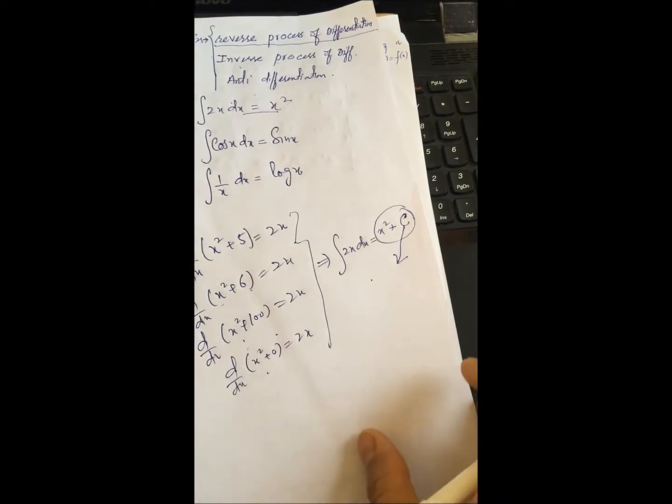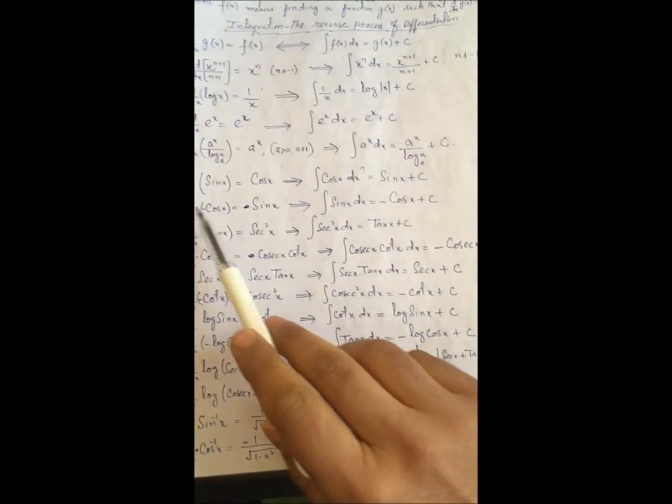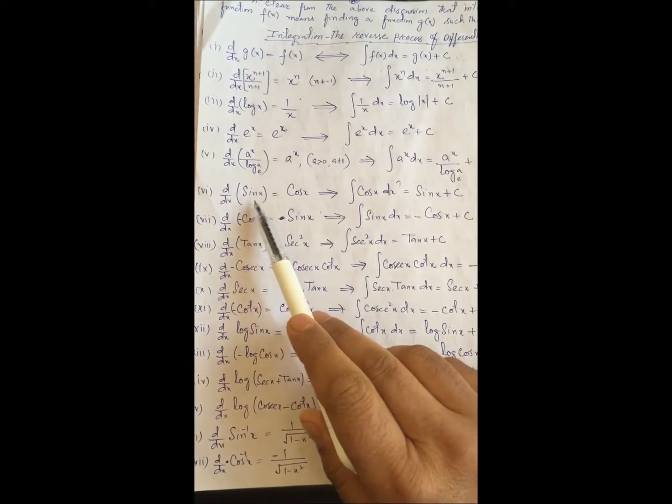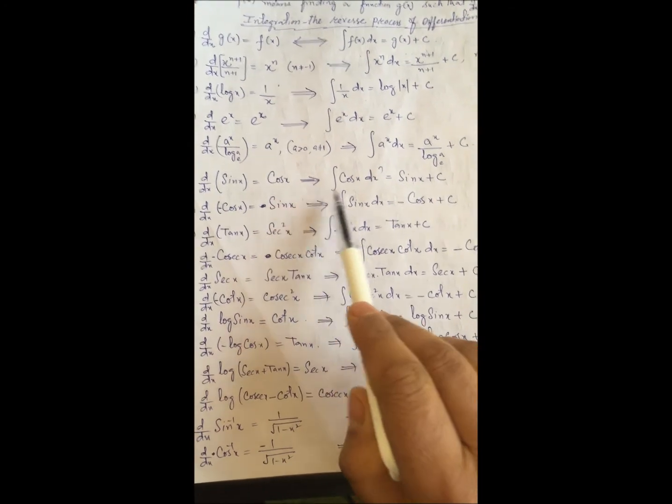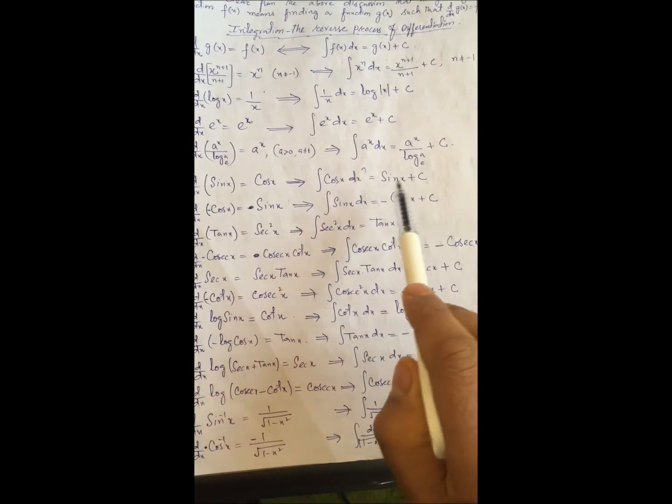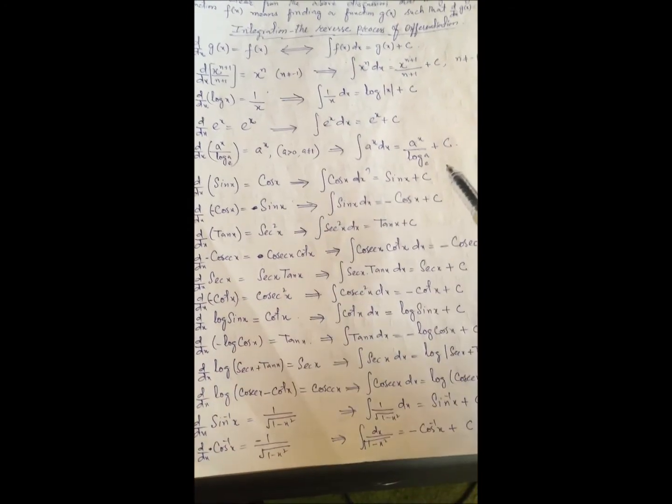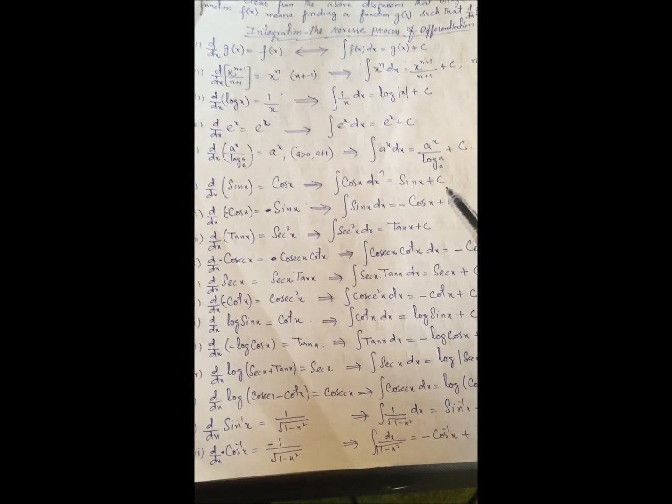So I have prepared a chart. You can go through this chart, and with the help of this chart we can conclude. Here we write sine x, differentiation of sine x is cos x. That means integration of cos x is sine x plus c, of course the constant of integration.